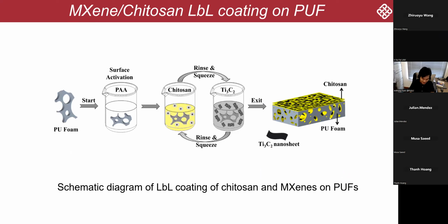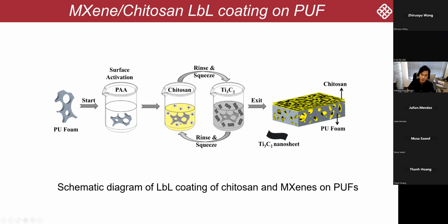But the thing is how we coat this material onto, say, polyurethane. This can be conveniently done by using the beauty of covalent bonding. First, we activate the polyurethane using some acidic solution, for example, PAA. Once we activate it, there's a negative charge on the surface of the foam.